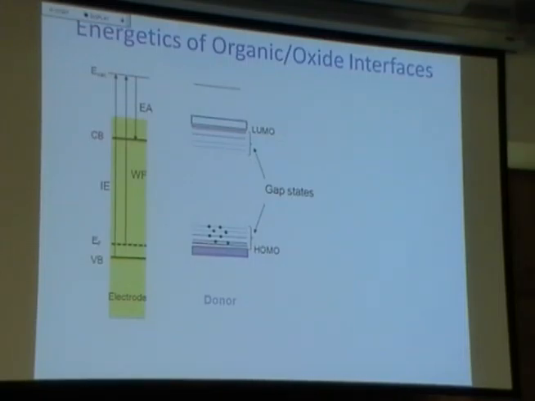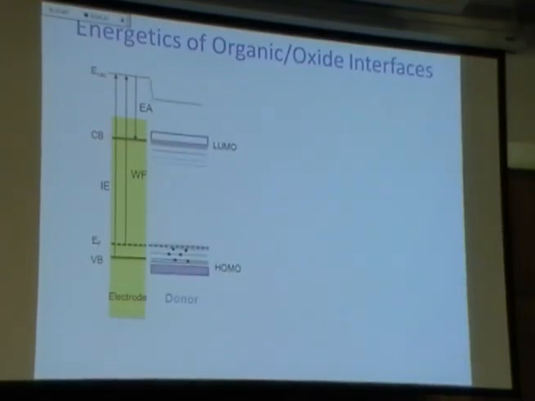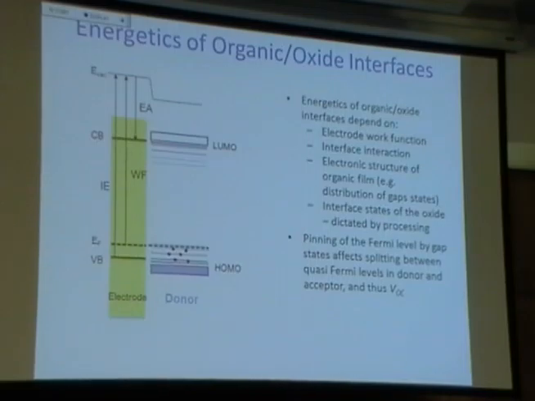So at our interface, we've got our TCO, which we're just going to assume has infinite density of states, metallic-like, and then we've got our p-type oxide, and then we bring in our donor, which has its own Fermi level, and we're going to try and align our work functions as much as possible.